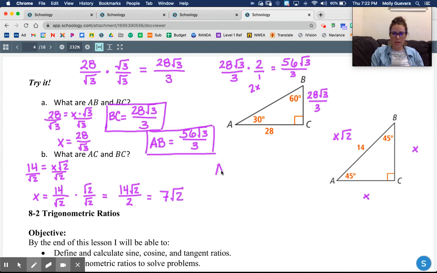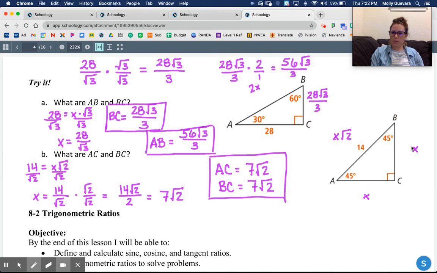So the length of AC is 7 square root of 2. And the length of BC is also 7 square root of 2 because they are the same, right? So a little bit harder, but still here we're just using the same pattern to find our side lengths.